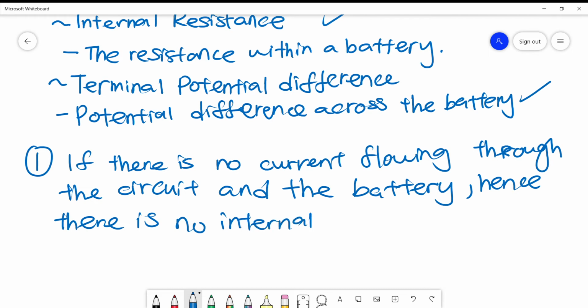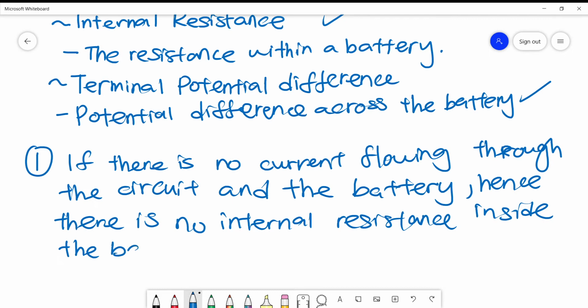So with no current flowing through the circuit and the battery, the internal resistance inside the battery will not be produced. So this is the first concept.